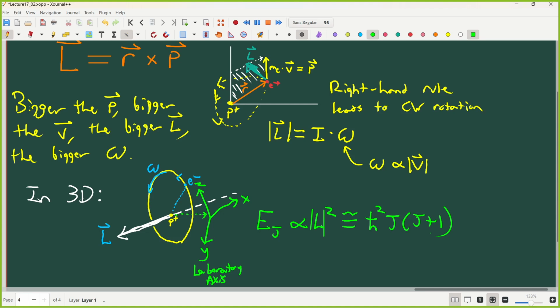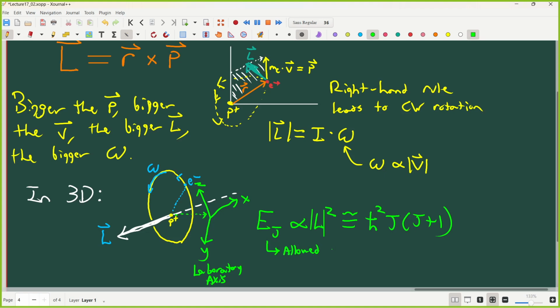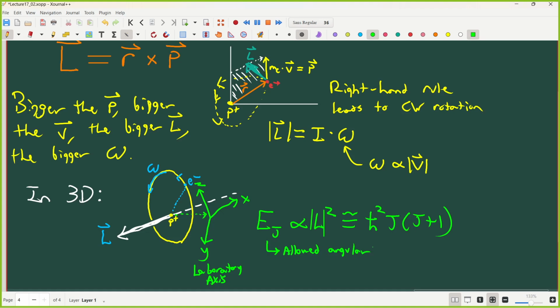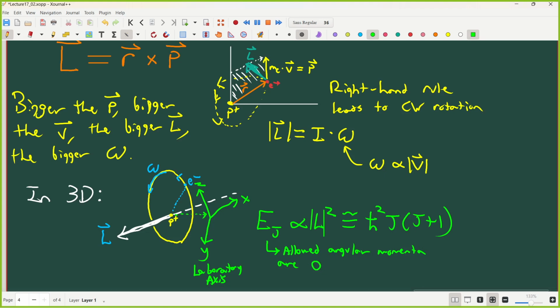It can only take values where J is 0, 1, 2, 3, 4, 5, 6, 7. So that means the allowed values of the total angular momenta are: where J is 0, that's 0.